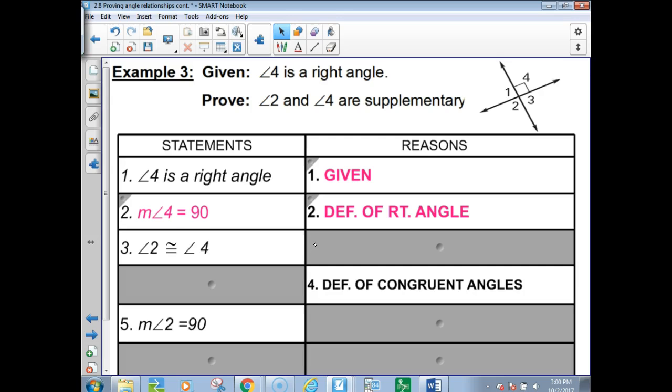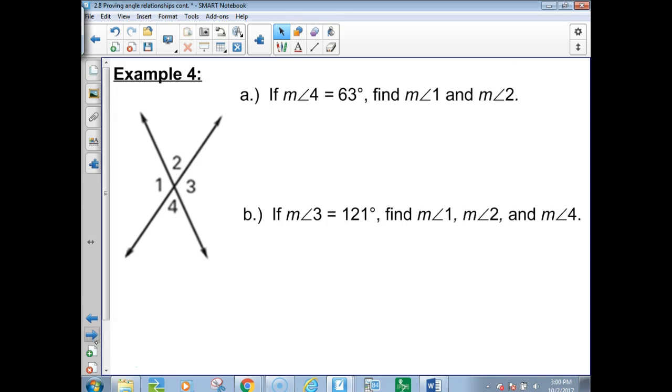Oh, we must have taken it out. Sorry, I'll just skip to what you do have right here. What are you going to do to find angles 1 and 2? Ideas? It says measure of angle 4 is 63.